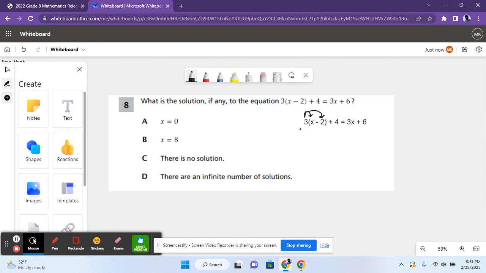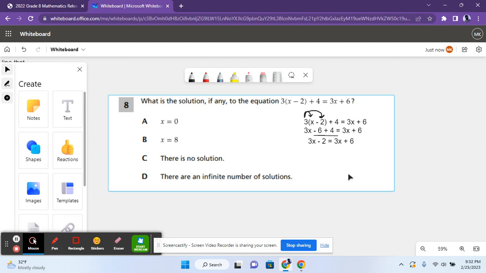And after distributing, we would get 3x − 6 + 4 = 3x + 6. And after that, we have to add 4 to negative 6. After doing that, you would get 3x − 2 = 3x + 6.